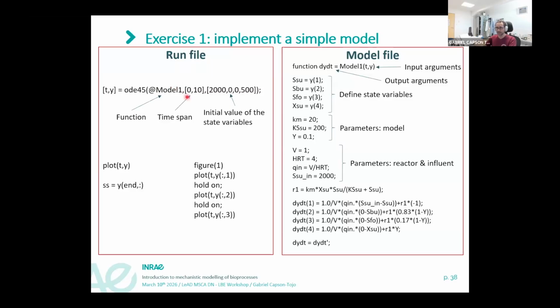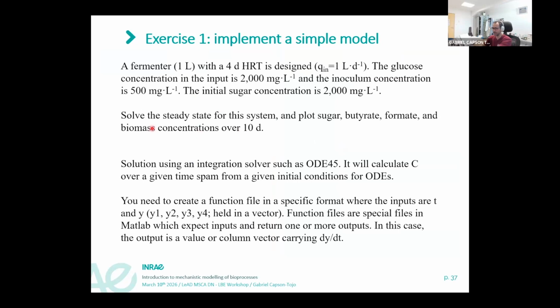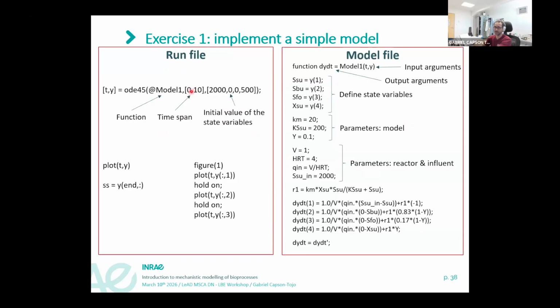For how long? The time span. As I'm saying, we are going to predict the behavior of our system for a given time. And if I go back to what I said before, it was solve the steady state over 10 days. So here, 0 and 10 between brackets.